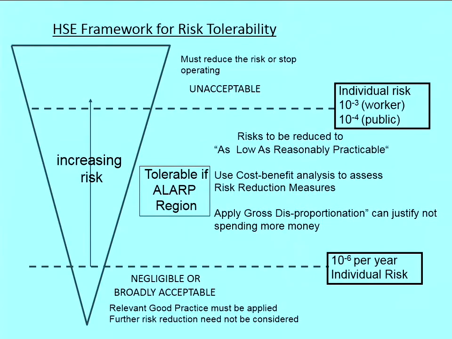The key thing, which is important for codes and standards, which is what I'm going to talk about really, is that when you're applying the ALARP principle to demonstrate that risk is as low as practicable, first of all, the application of that will assume that all controls are in place.